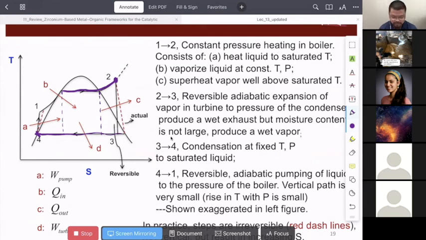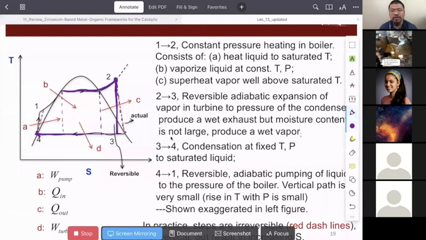Okay. And then again over here, this is a truly vertical curve. This is the actual curve.